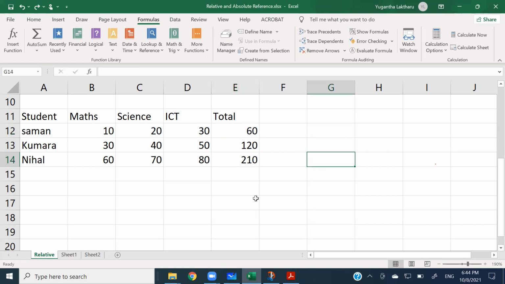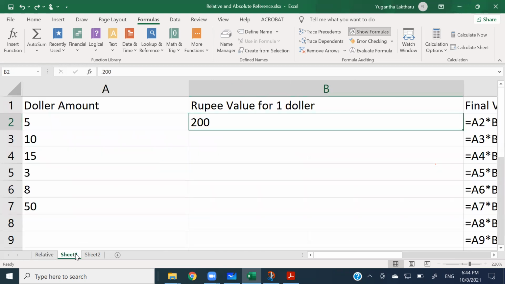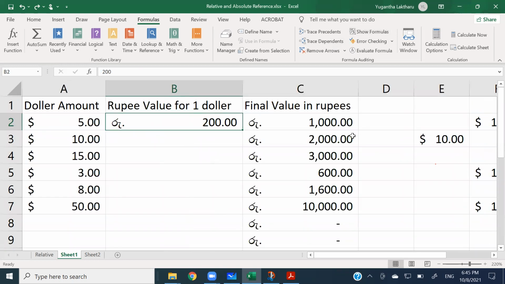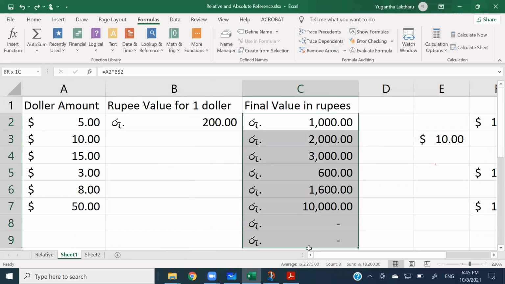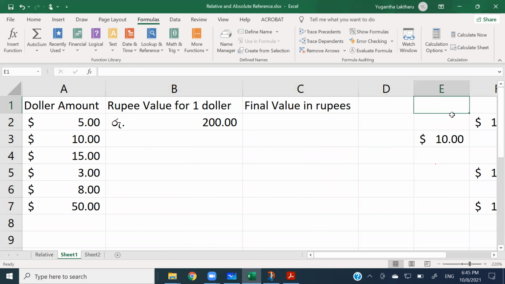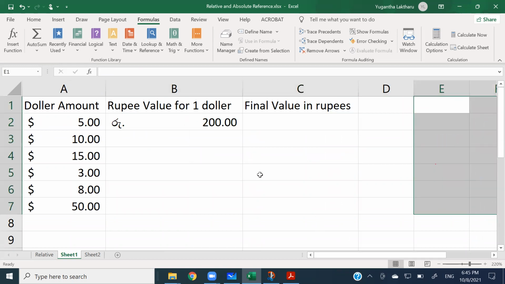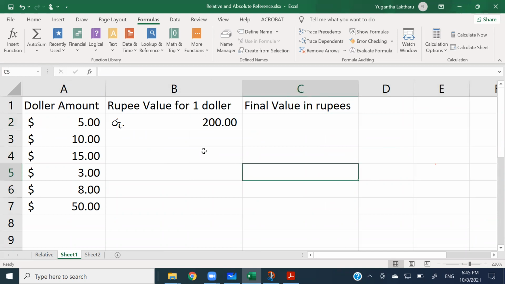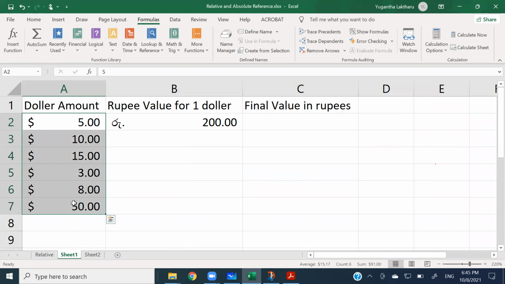Okay, right. So now I'll show you a situation something like that. Now here is the example I discussed today with our Sinhala medium class. Now look at this, right? This table illustrates the dollar amounts, some particular amounts in dollars.